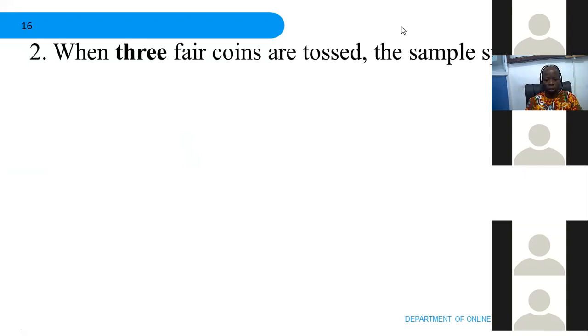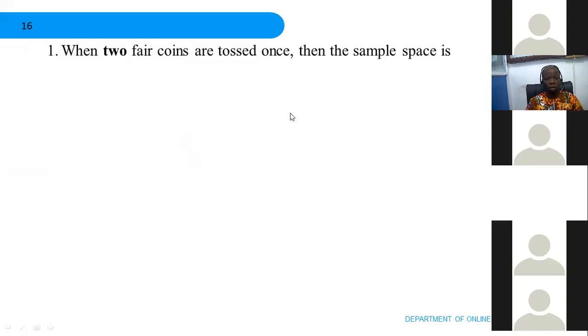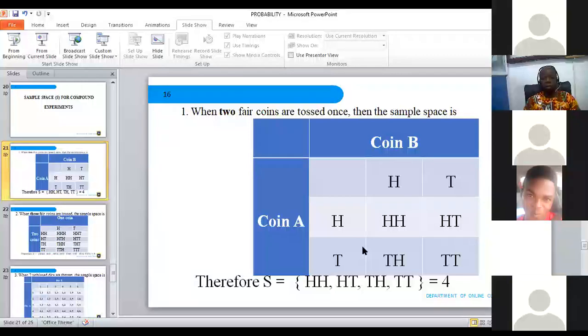Hold on, let me see what is happening here. Let me show you the sample space when you have 2 fair coins tossed once. Okay, so the first coin will give us the head and the tail. That's coin A. If you toss coin A once, it will give you this head and then this tail.